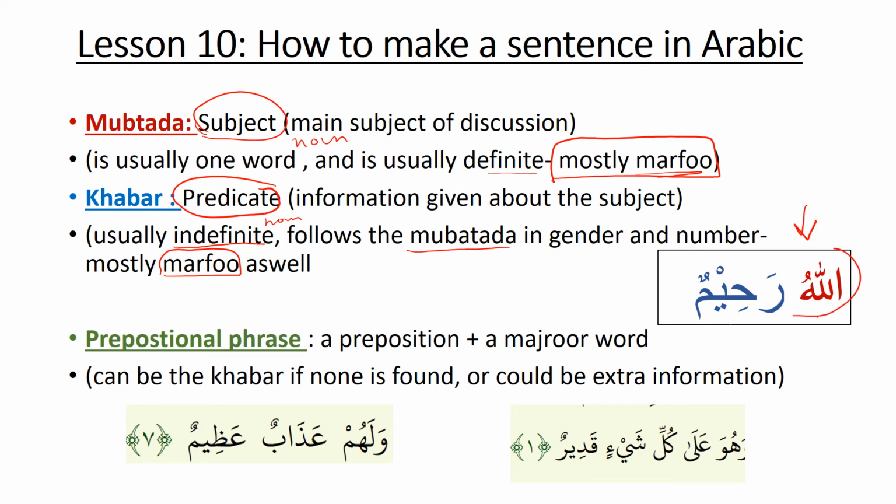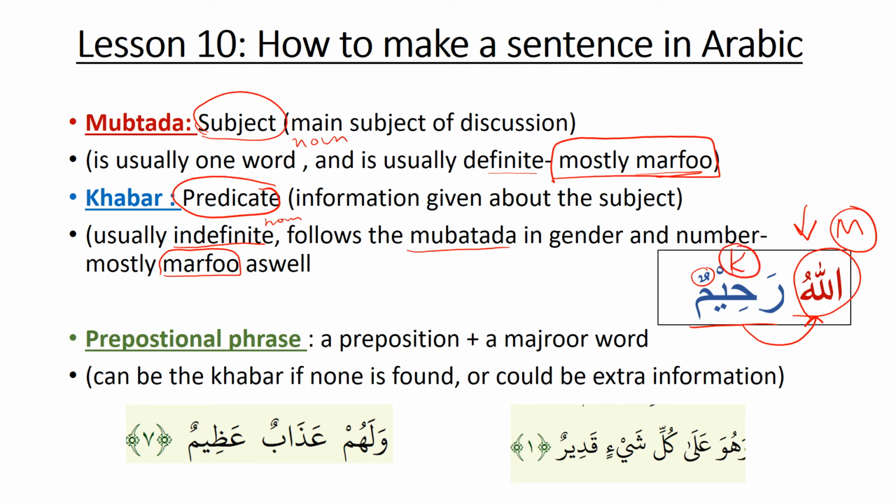So Allahu, it's definite, it's marfu, and it's a noun. It's at the start of the sentence, so we know clearly that it is the mubtada. And Rahimun is at the end of the sentence. It's indefinite because it has a tanween at the end. The khabar is following the mubtada in all its qualities, meaning the gender and the number. It's singular and masculine, like Allahu, so we know that it is the khabar.